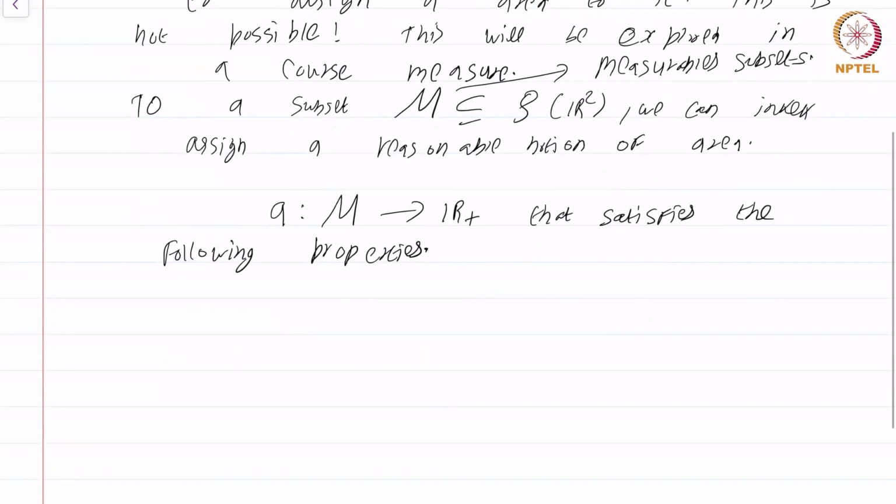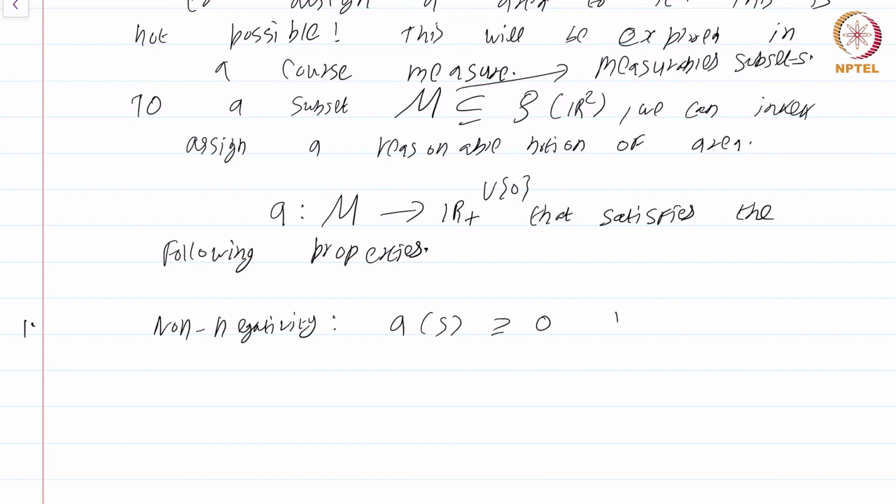Number one is actually built into the definition: non-negativity. So to be 100% precise, I must write R plus union 0. Non-negativity: A of S is greater than or equal to 0 for all S coming from this collection of measurable subsets of R2. Number two, additivity property.